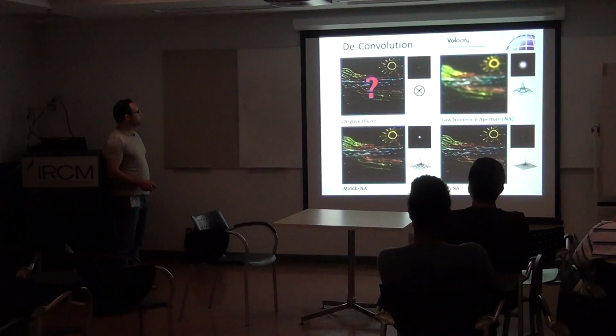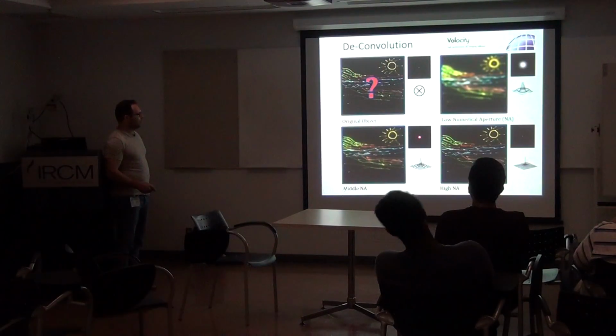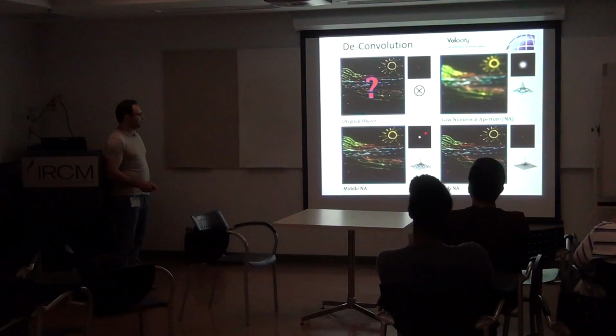And the convolution again: you can have a really bigger point spread function and a bit smaller point spread function. So this would be low numerical aperture, high numerical aperture, and middle numerical aperture. You see the blurring that occurs depending on how wide your point spread function is.